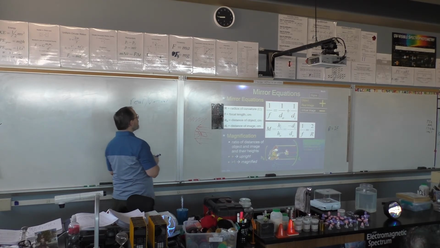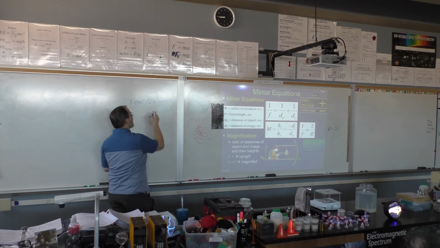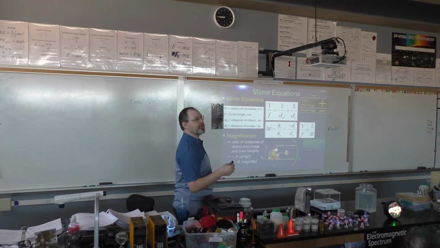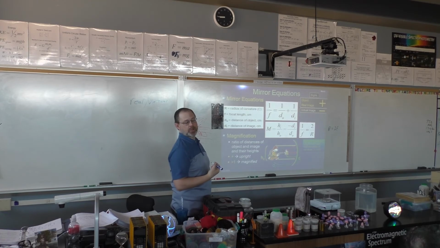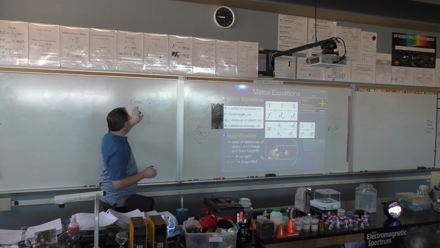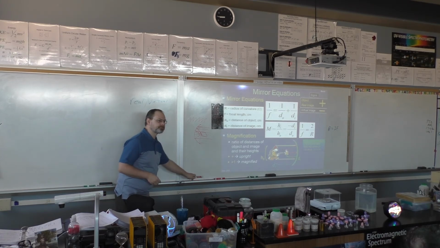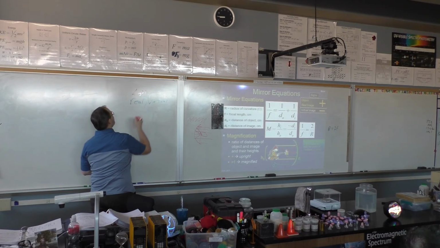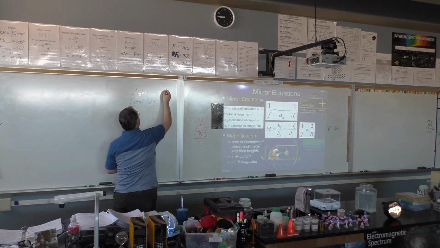When you're making images, I'm going to ask you where the image is, what the DI is, what the magnification M is, and then to describe the image. You will use 3 words. The first word: will you describe it as real or virtual? What's the difference? Real is in front of the mirror, virtual is behind the mirror. Real is where the light is, virtual is not where the light is.